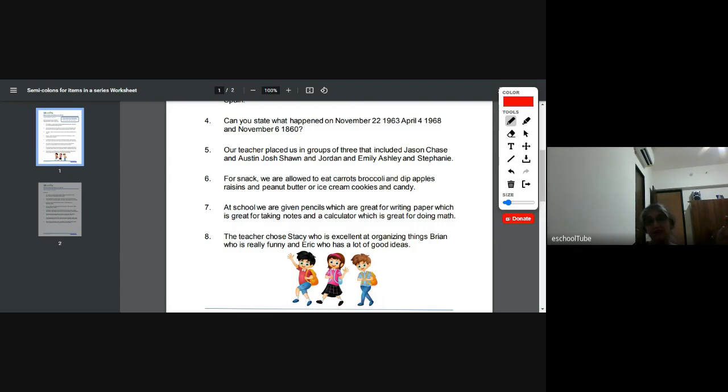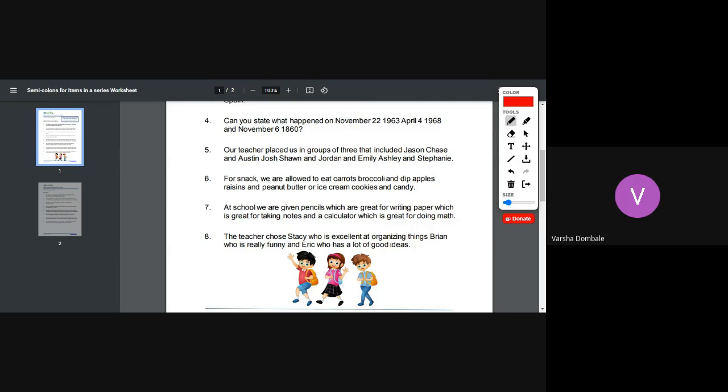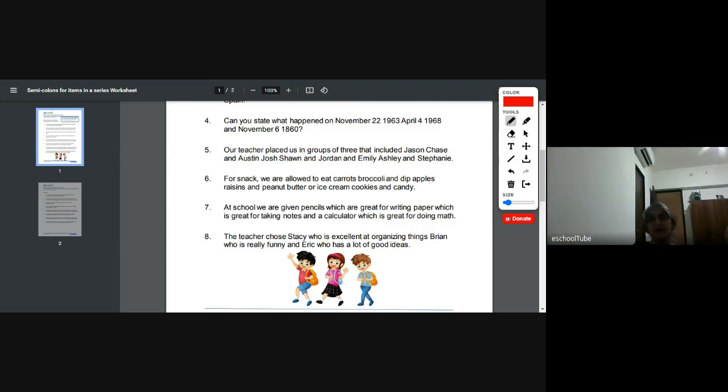बस आज की एक्सरसाइज इतनी है. There is another worksheet also, this one, which I will put in the assignment.